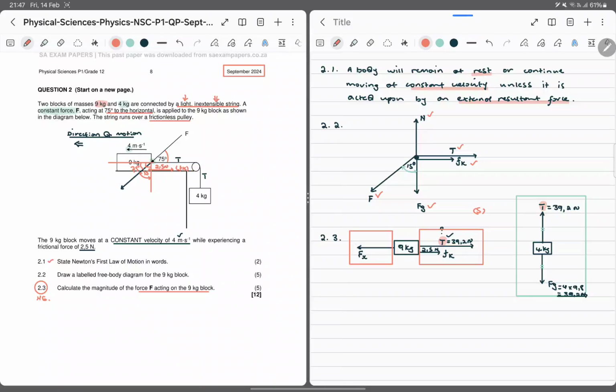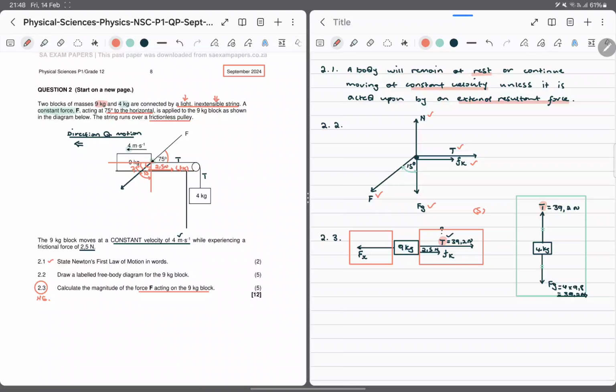So can you see, this is very easy, because now we know that this force in the x direction, the component of the force applied, is essentially going to be equal to the summation of the tension and the kinetic friction, so that this body can move at constant velocity to the left, because the vertical forces don't play a part in this particular block.